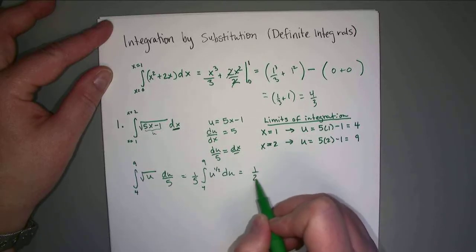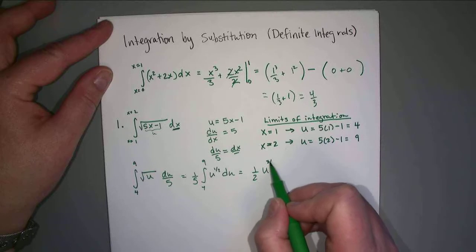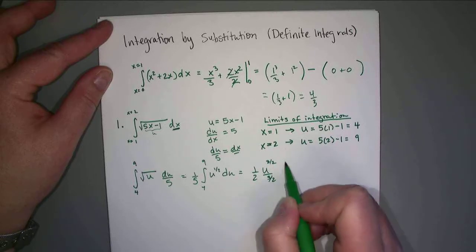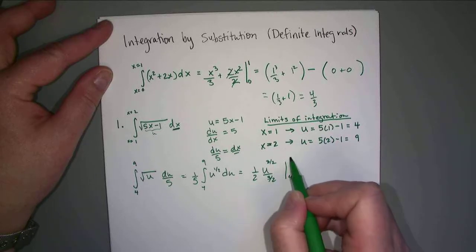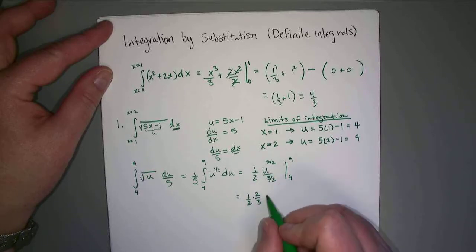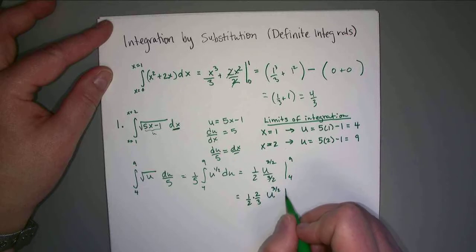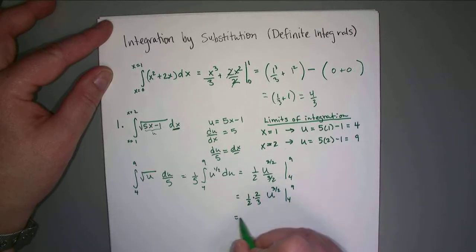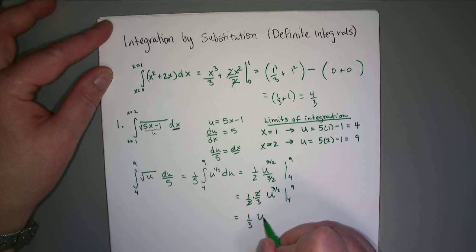And then we would integrate, add 1 to the power, divide by the same number. So this would be 1/2, flip that over, 2 over 3, u to the 3 over 2. Okay, so we have 1/3 u to the 3 over 2.